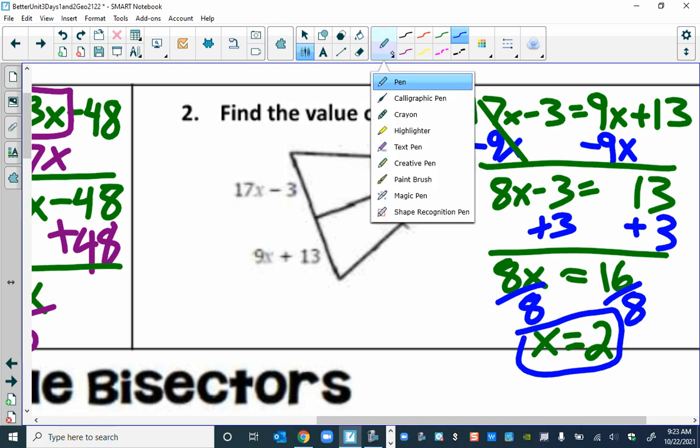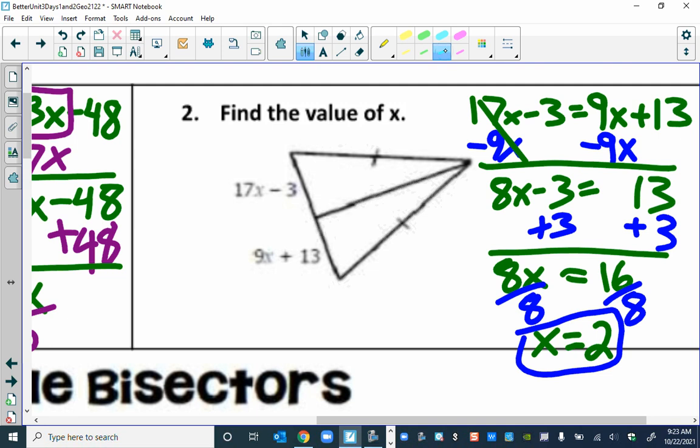Again, here's your mirror. Questions on this problem?